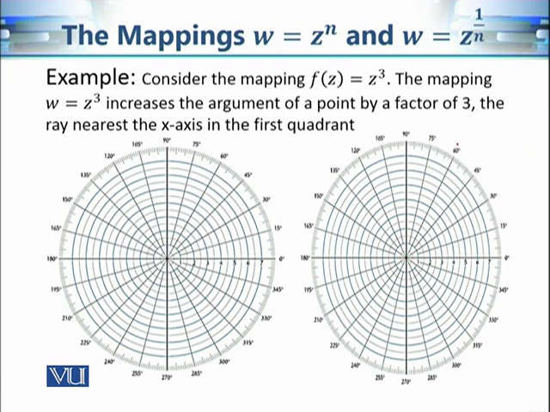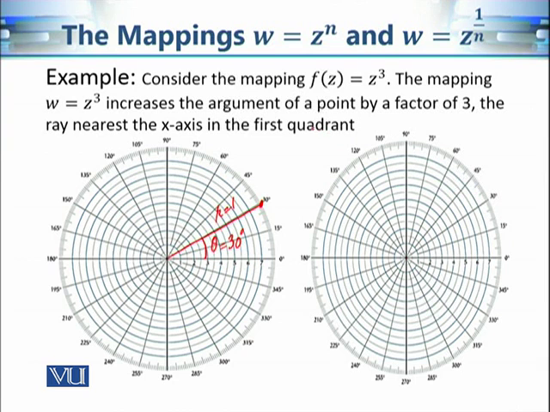Now, if a complex number is given with modulus 1, then if we take its cube, the image will again be a complex number with modulus 1. But let's see what will happen with the argument of this complex number. So, for example, if this is a complex number and r is equal to 1, and over here we can observe that theta is equal to 30 degrees.